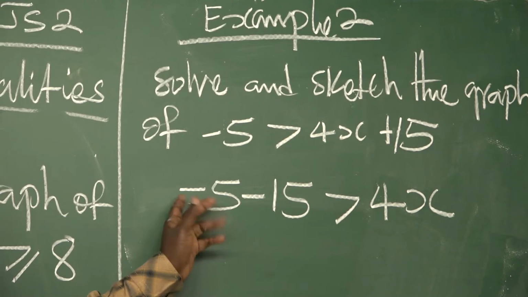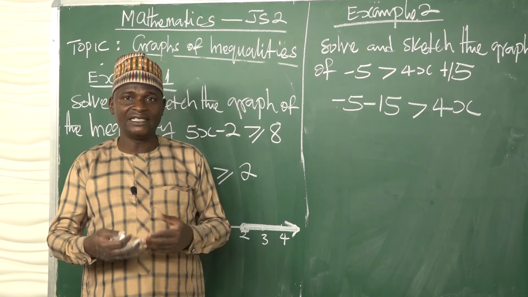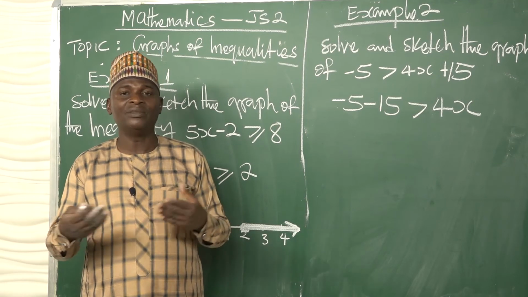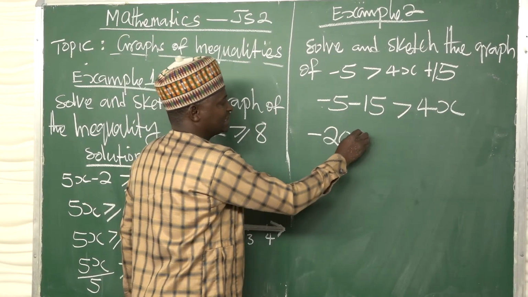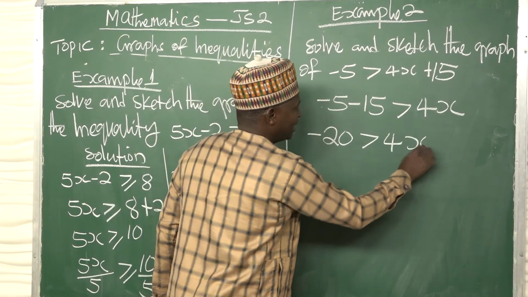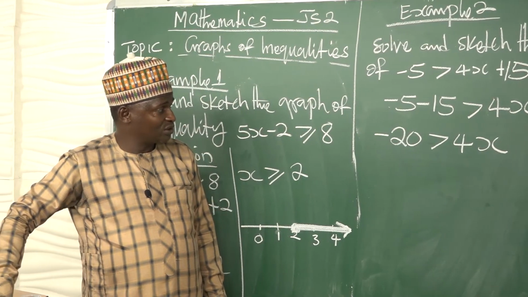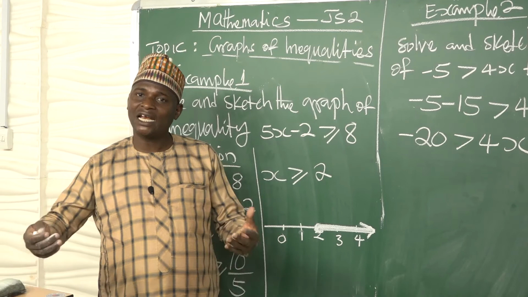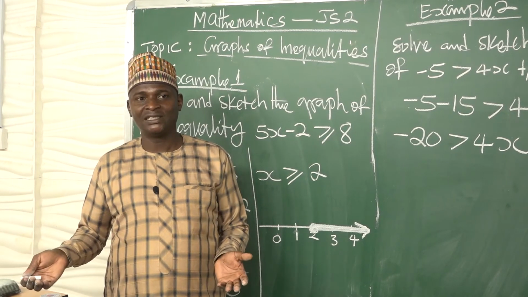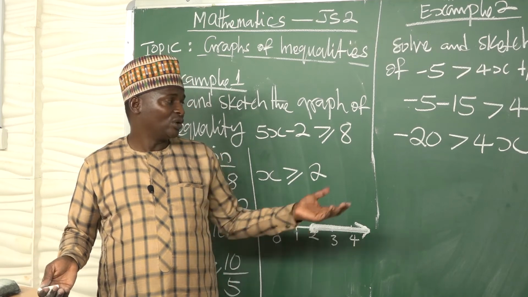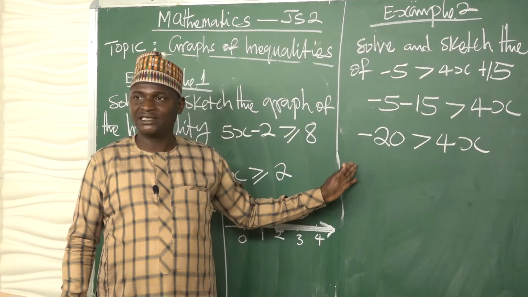Now, two numbers that have the same sign, if you are adding them, you just simply add them and maintain their sign. So here will now be minus 20 is now greater than 4x. Then, as we have discussed also yesterday, it is allowed to interchange the positions of the inequality terms, because we want x to be on the left hand side.